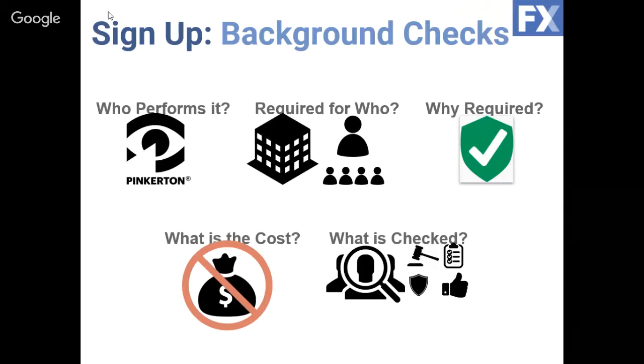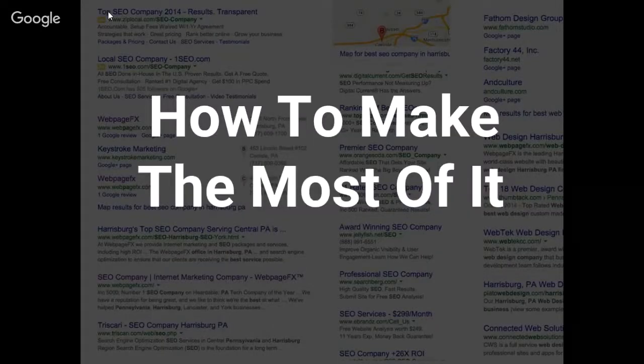So if for some reason there's a little hiccup with a background check, you have the chance to work with the security groups that are running these background checks and do a second background check if needed and go through that process. But I wouldn't be too worried. I haven't actually seen any people have problems with background checks. But again, if you do, reach out to Pinkerton or reach out to the group that's performing the background check for you.